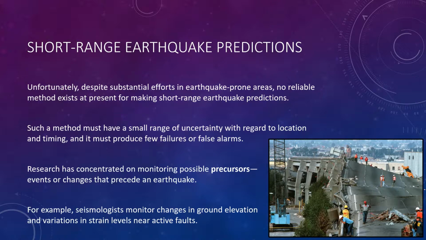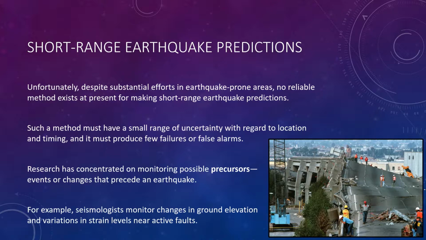An obvious question then is the following: can earthquakes be predicted? Well, unfortunately, despite substantial efforts in earthquake-prone countries such as Japan, the United States, China, and Russia, no reliable method exists at present for making short-range earthquake predictions. To be useful, such a method would have to be both accurate and reliable.